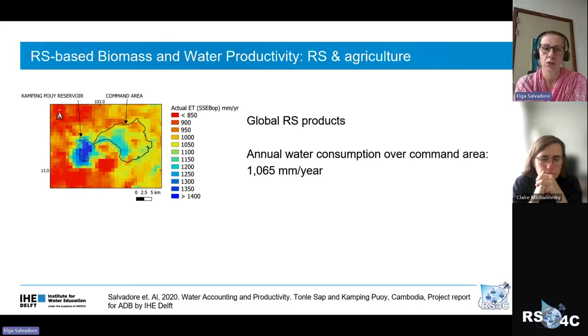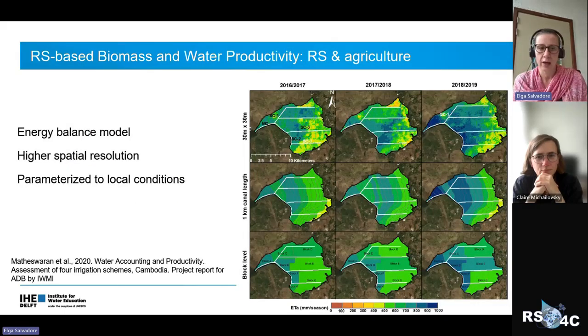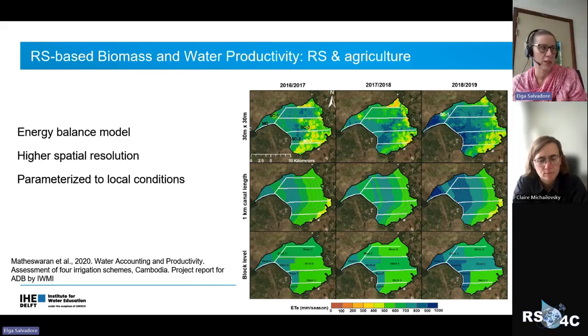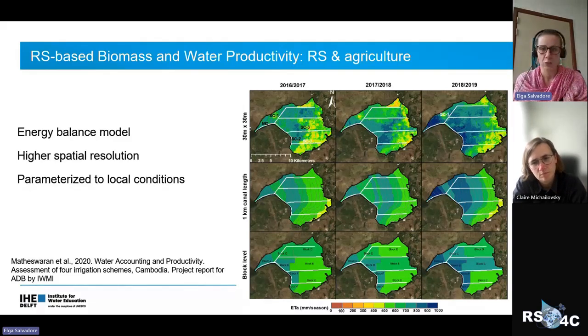And this is something I can look at, the spatial variability using remote sensing, and also try to quantify how much is the total water consumption for one particular area. This is using a global product, so you see the resolution is coarse. When you want to zoom in and do a more detailed, in-depth analysis, perhaps these global products are not sufficient. So what my colleagues from the International Water Management Institute did was to use primary data to calculate the evapotranspiration, using remote data to estimate the evapotranspiration at a finer spatial resolution.